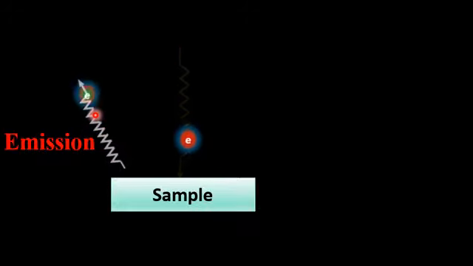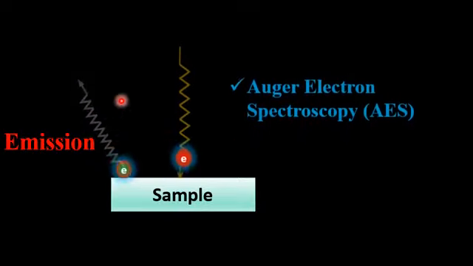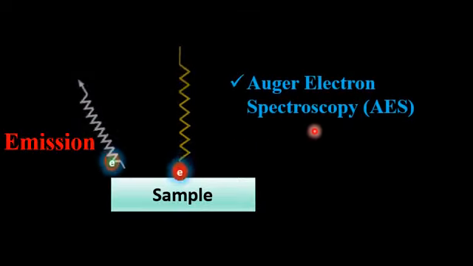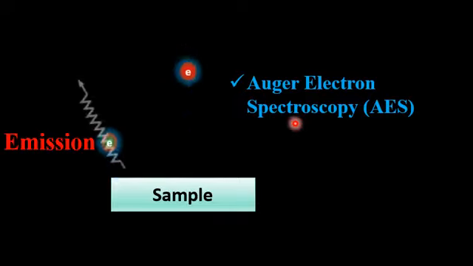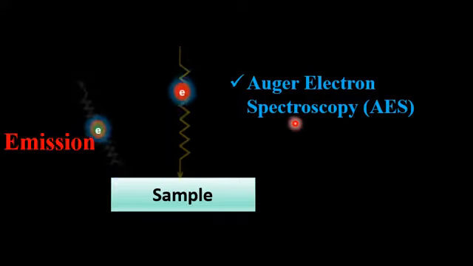One of the most commonly used techniques which is based on emission of electrons is known as Auger Electron Spectroscopy. Auger Electron Spectroscopy is a technique based on elemental and compositional analysis of the material.